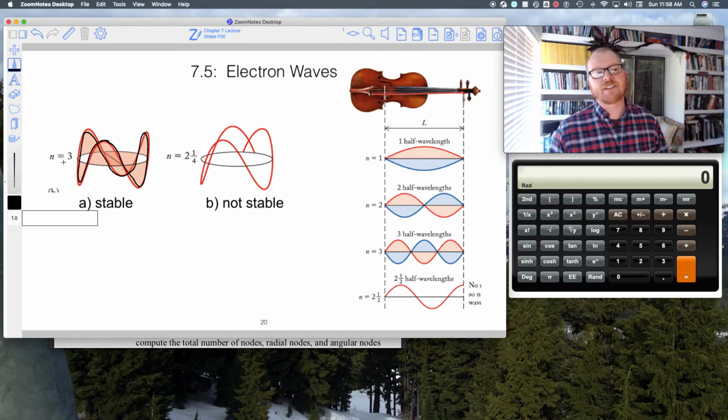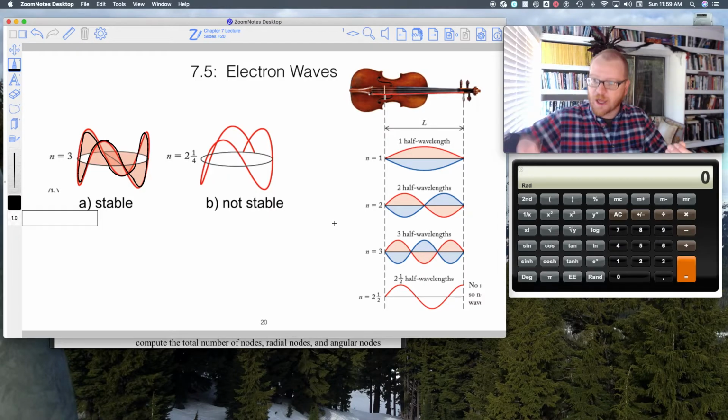And so that means these numbers, these principal quantum numbers n, have to be whole numbers. Because if I make it 2 1/4 or whatever, it's not going to start and stop at the same place. Another really good example, for you guitar players or string instrument players, you can actually observe this all the time when you pluck a string.